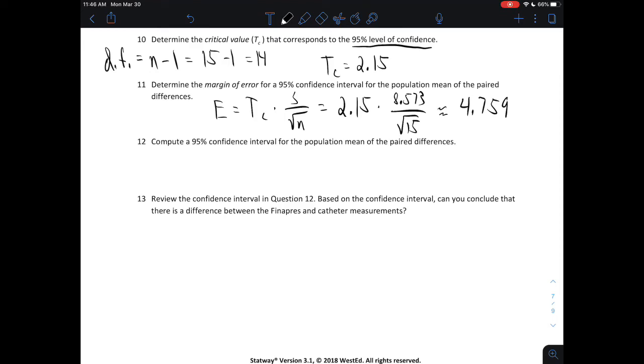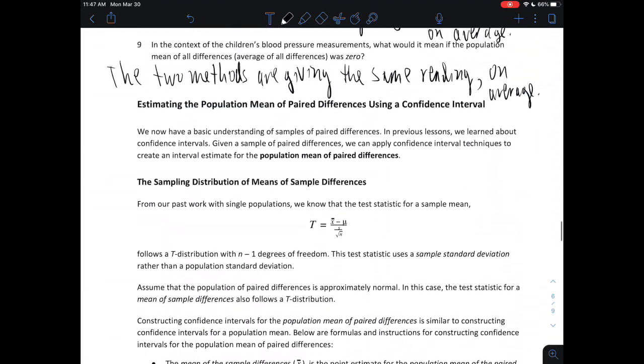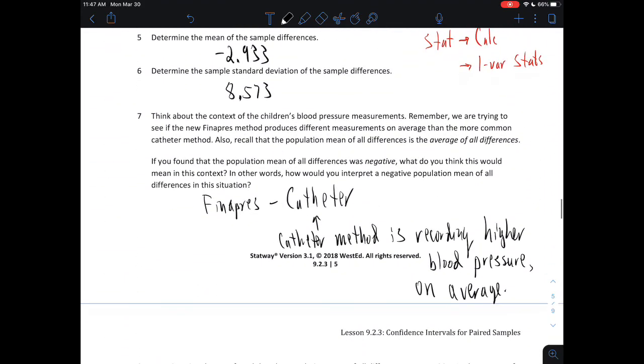Number 12, compute a 95% confidence interval for the population mean of the paired differences. So I will take my sample mean minus the margin of error, and also the sample mean plus the margin of error. Our sample mean from earlier was negative 2.933.